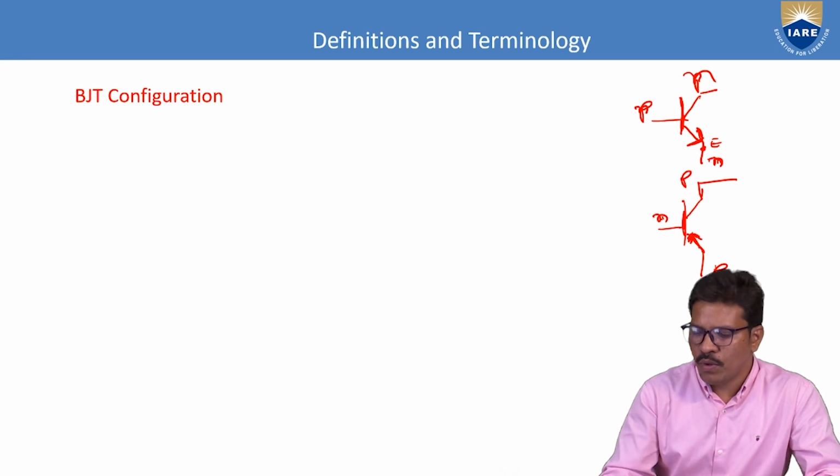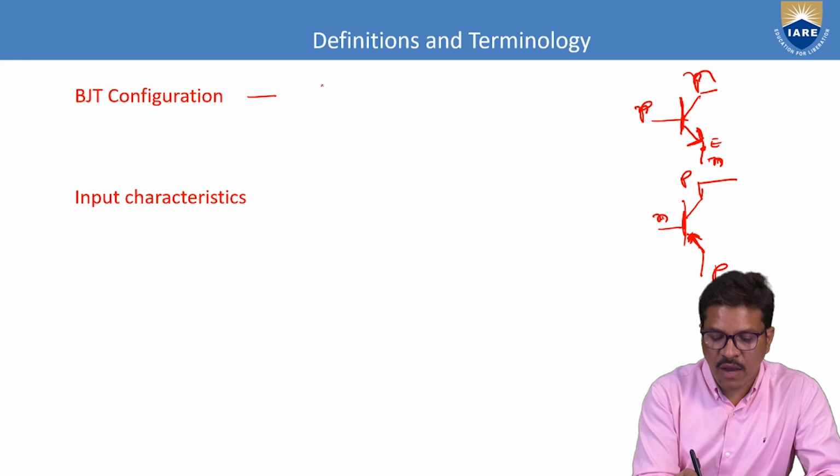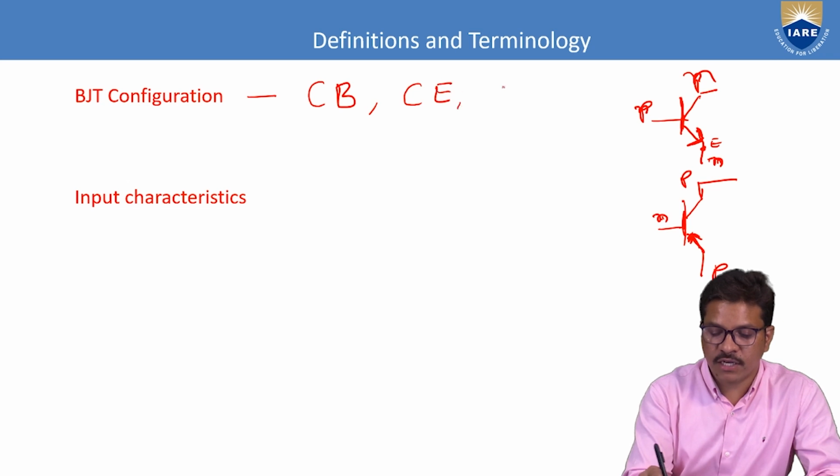In order to connect this three-terminal device to any network, we have some configurations. There are different ways to connect this transistor in a network. Based on that, we have common base configuration, common emitter configuration, and common collector configuration.